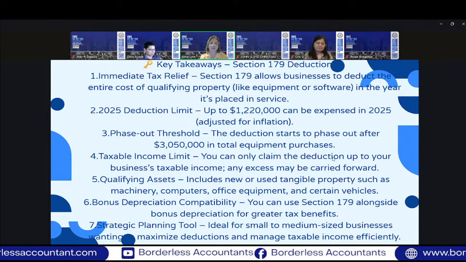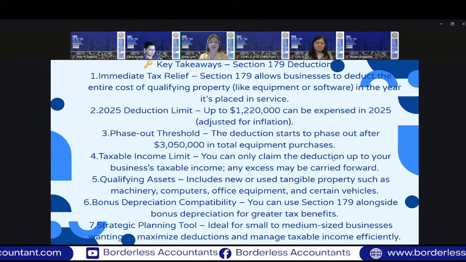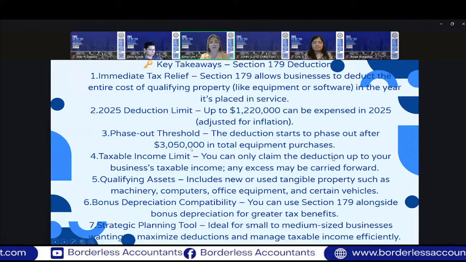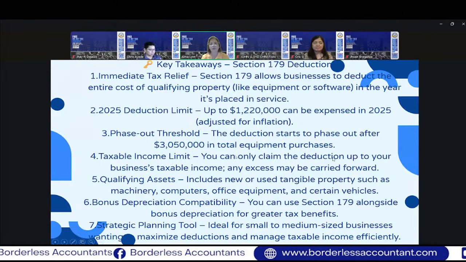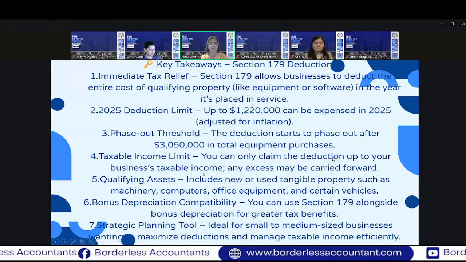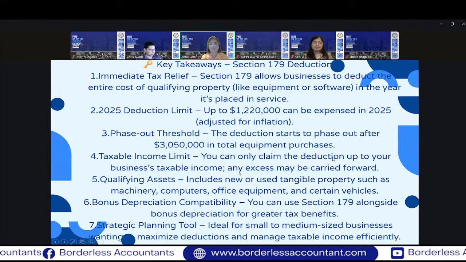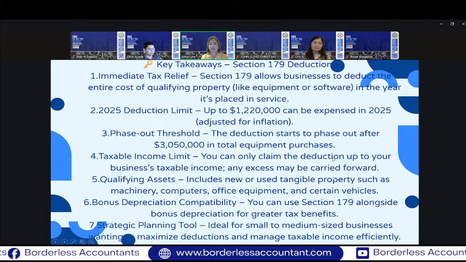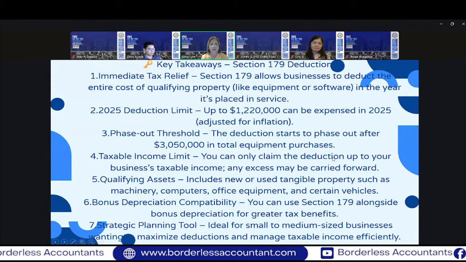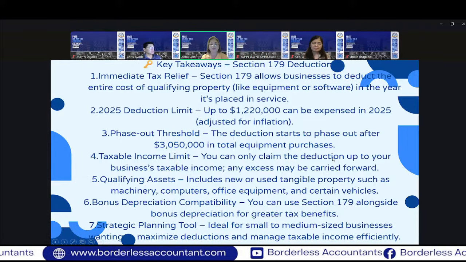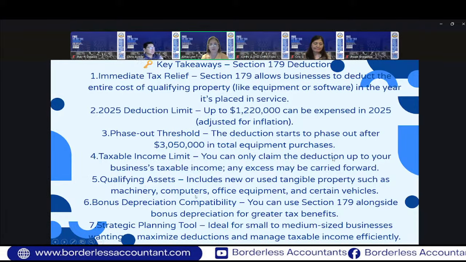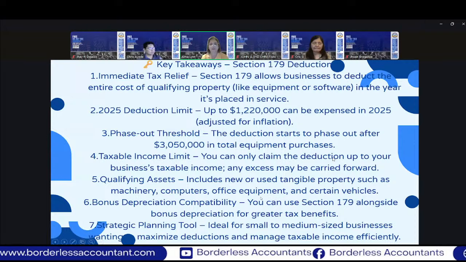Then phase out threshold, the threshold is $3,050,000 in total equipment purchases. Taxable income limit: you can only claim the deduction up to the business taxable income. Any excess may be carried forward. Qualifying assets include new or used tangible property, such as machinery, computers, office equipment, and certain vehicles.